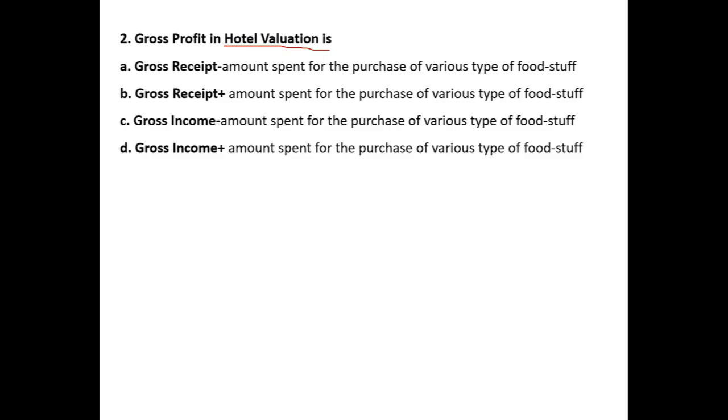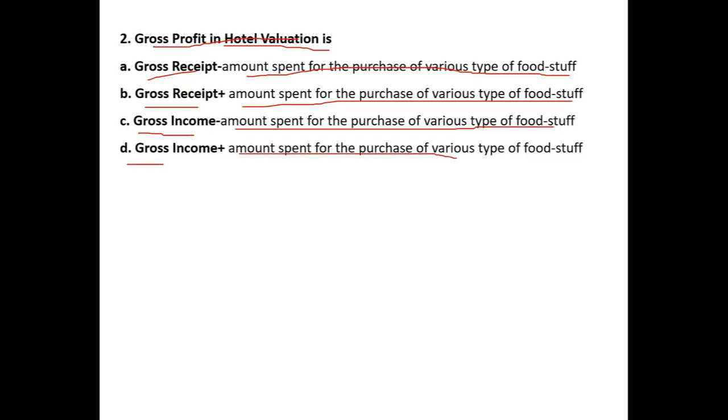Is it gross receipt minus amount spent on purchase of various types of foodstuff, gross receipt plus amount spent on purchase of various types of foodstuff, gross income minus amount spent on purchase of various types of foodstuff, or gross income plus amount spent on purchase of various types of foodstuff? Out of these four you have to give the answer.